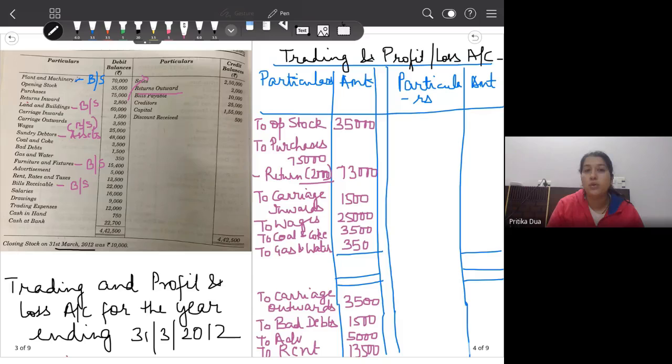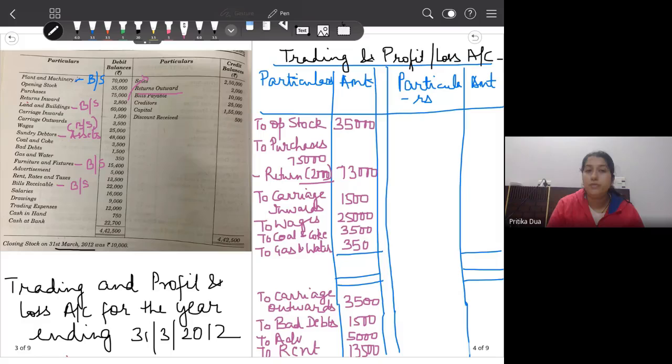The treatment for drawings is that we reduce the amount of capital by the amount of drawings. मतलब कैपिटल क्या होता है? ओनर्स जो पैसा लाते हैं in the business generally at the starting of the business. तो अगर ओनर अपने पर्सनल पर्पस के लिए कुछ पैसा विड्रॉ करेगा तो कैपिटल बिजनेस में रिड्यूस हो जाएगा.